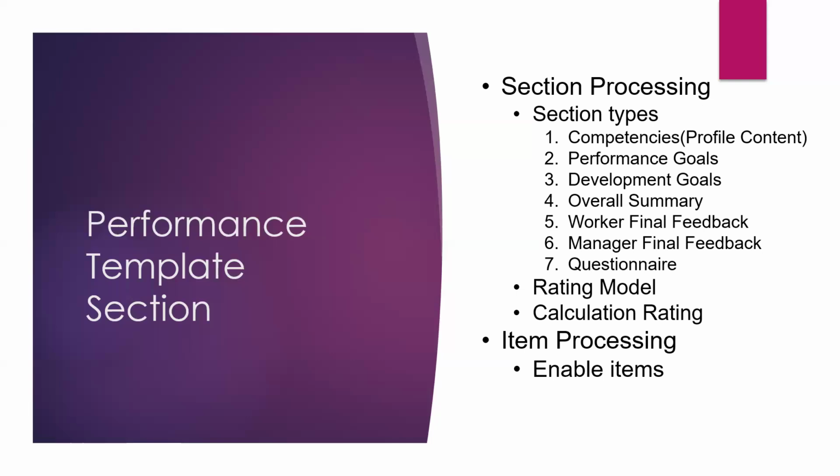And overall summary is like, let's say an organization is looking for multiple criteria, based on the goals, based on the skills, based on manager feedback, everything is being checked. In that case, overall, what is his performance? It's like a final verdict given based on the overall performance of the employee. That would be covered under the overall summary section.